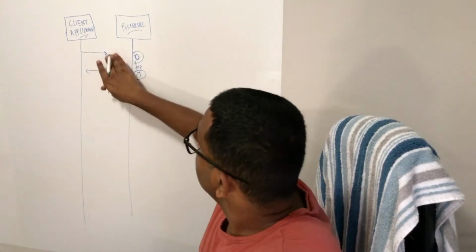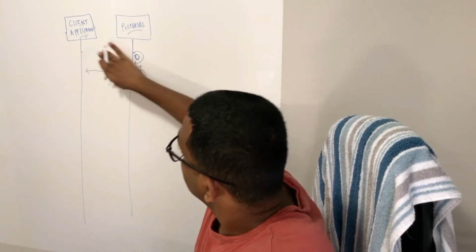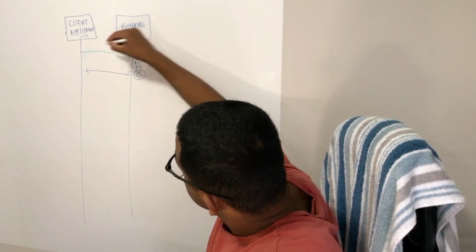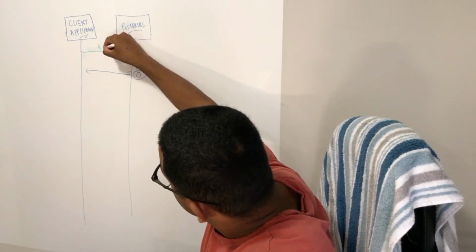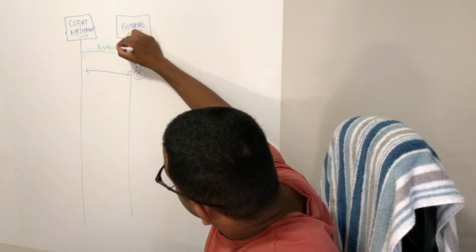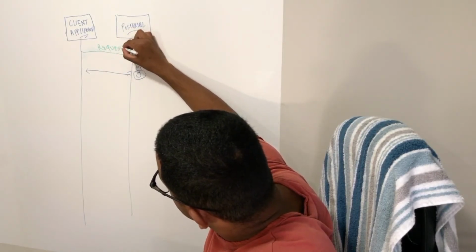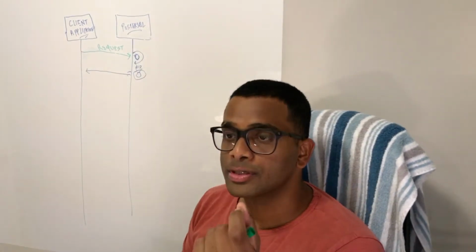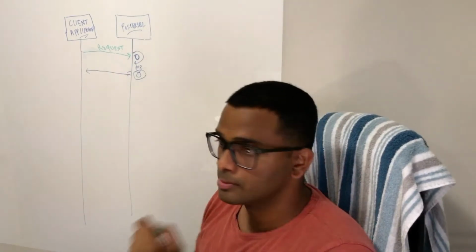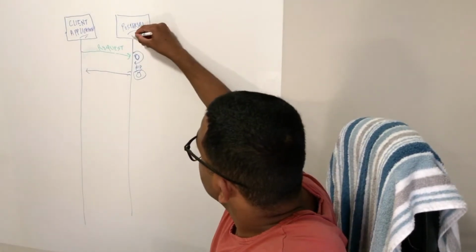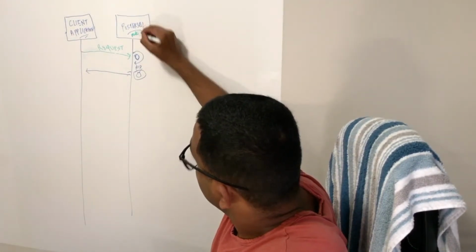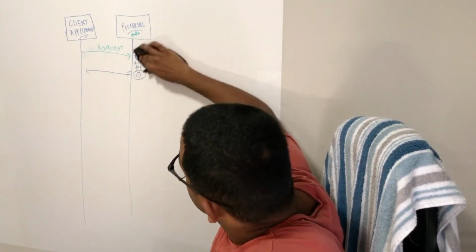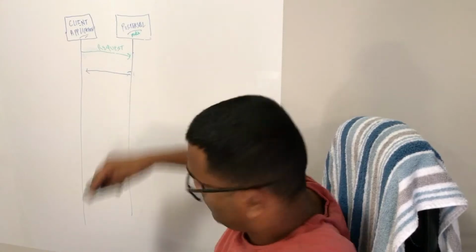Alright, so let's say here is our client, and the client makes a request on the PostgreSQL master process. Okay, this is PostgreSQL master. The right way to go about it would be like here.